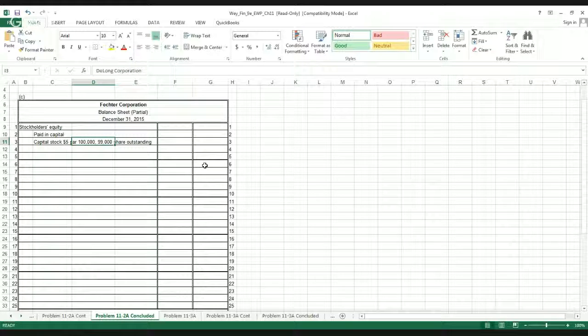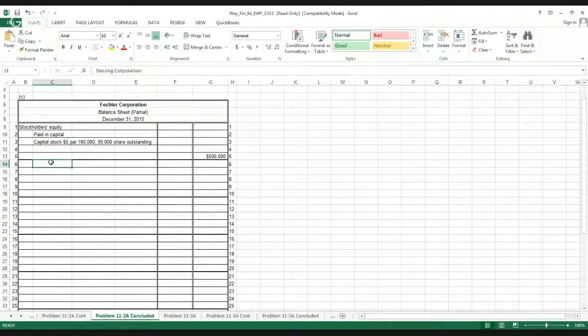So that leaves us with the total additional paid in capital. We've got 500,000. So we got 500,000 there. And then there it is.